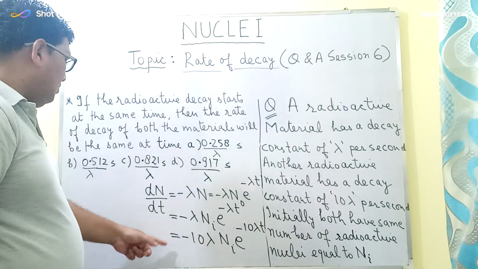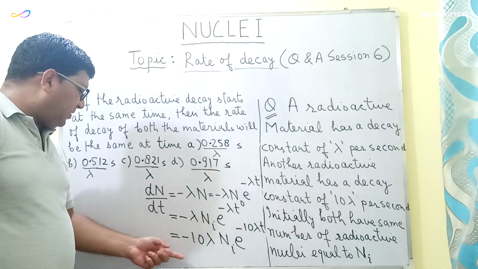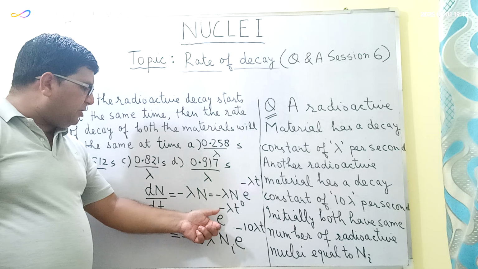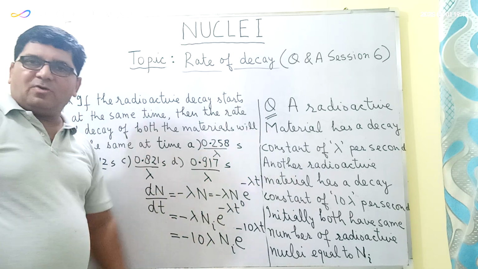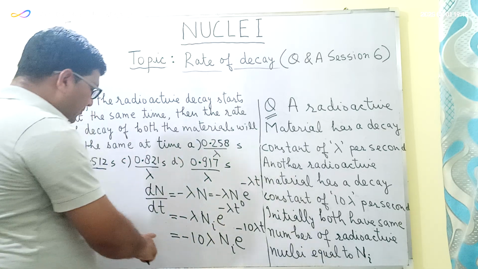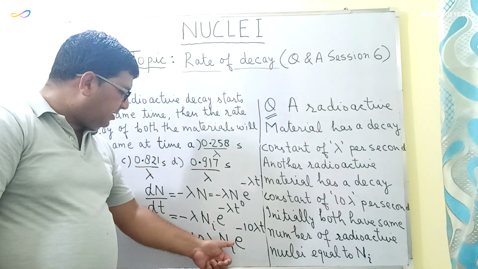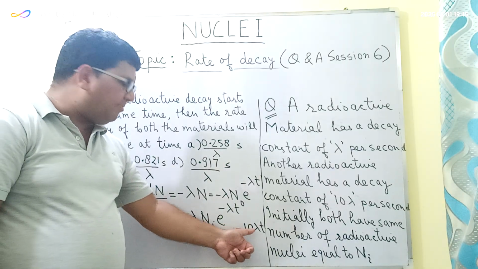So I am getting these two equations: dN is equal to minus lambda Ni into e to the power minus lambda t for the first material, and minus 10 lambda Ni into e to the power minus 10 lambda t for the second material.